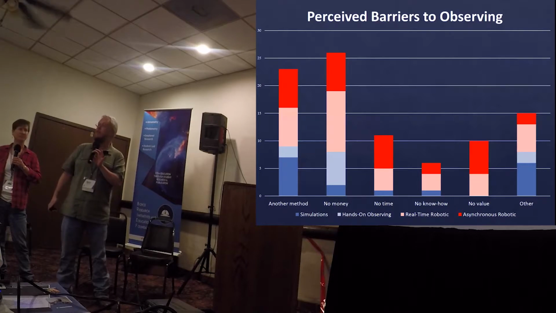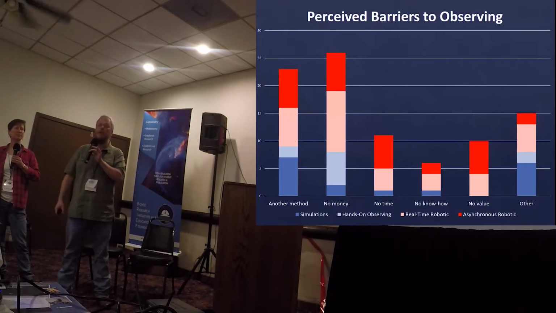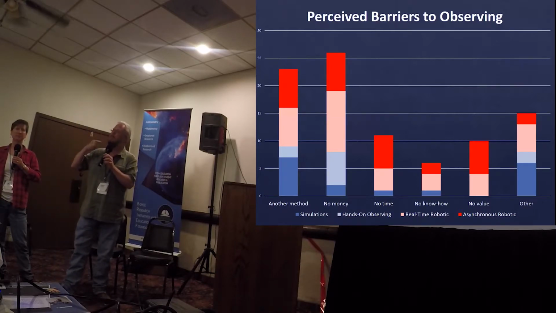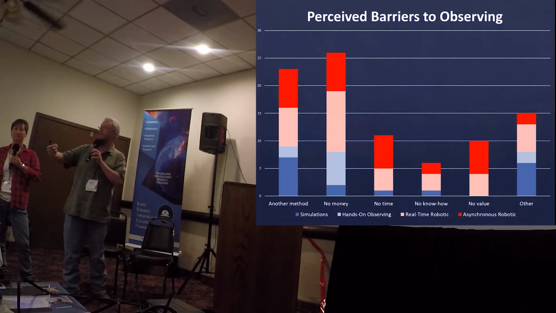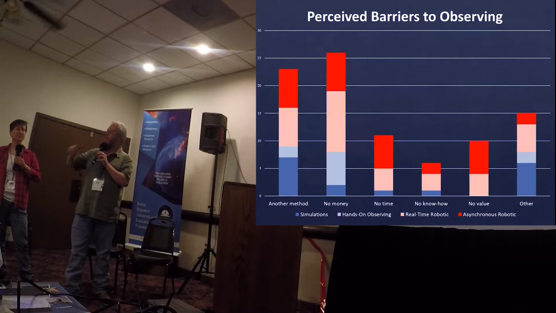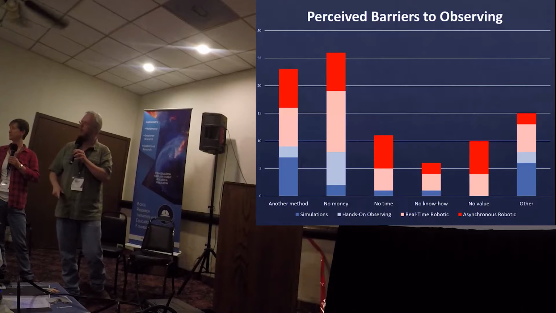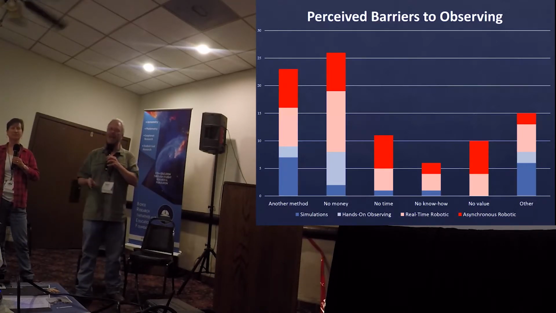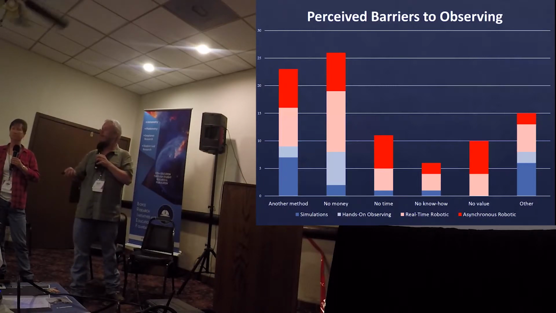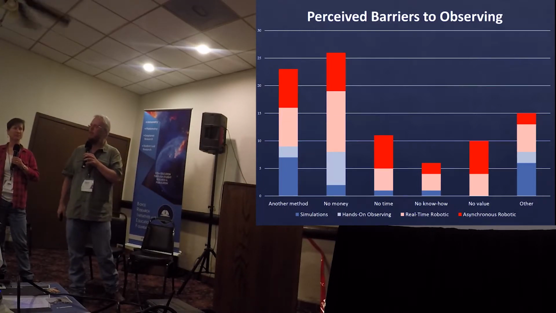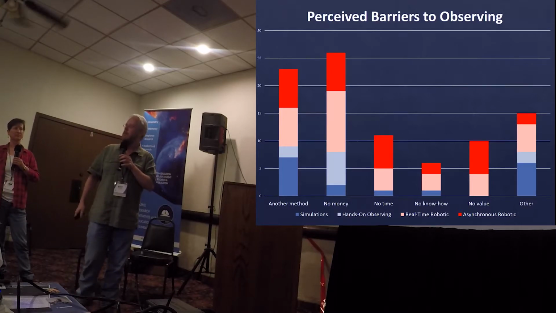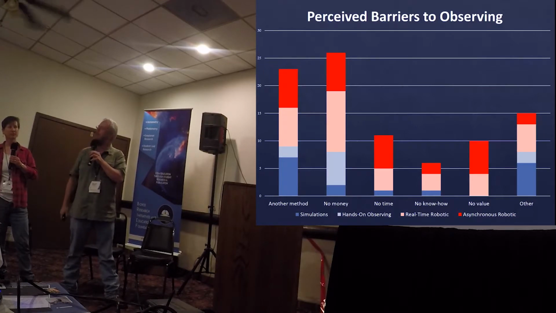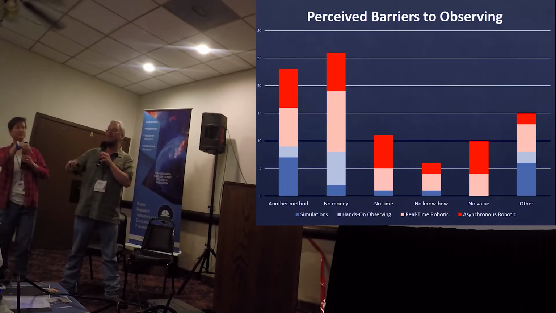Part of this is that people might not be using robotics or remote telescopes because they believe there's a budget issue. We're not saying there is a budget issue, but they believe there is one. It's a perception. And so this could very well mean that people just need to be better educated to find out that there isn't a budget issue that you think there is. That's what we're trying to point out here, is these are the perceptions that they have. It doesn't mean that it's an actual problem.